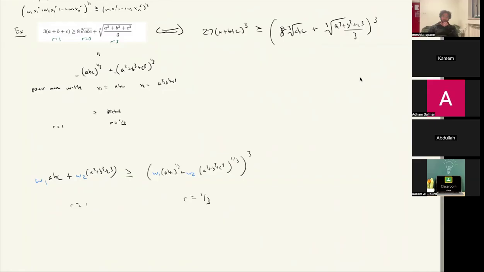We should take a cubed plus b cubed plus c cubed over 3, not b cubed plus b cubed plus c cubed.